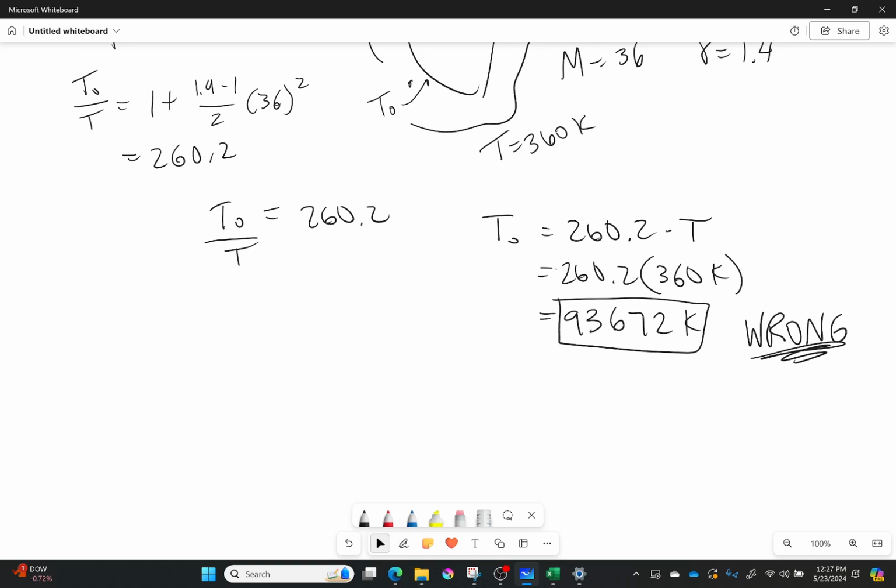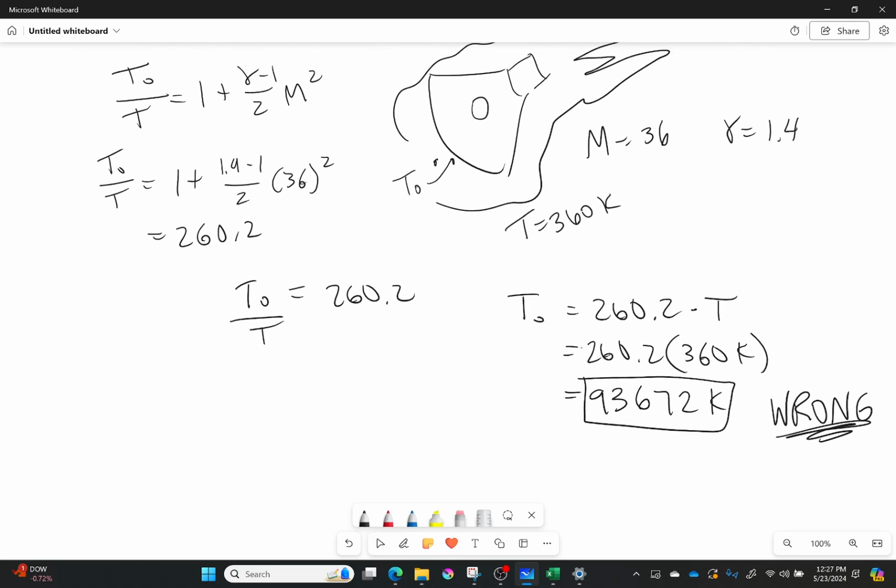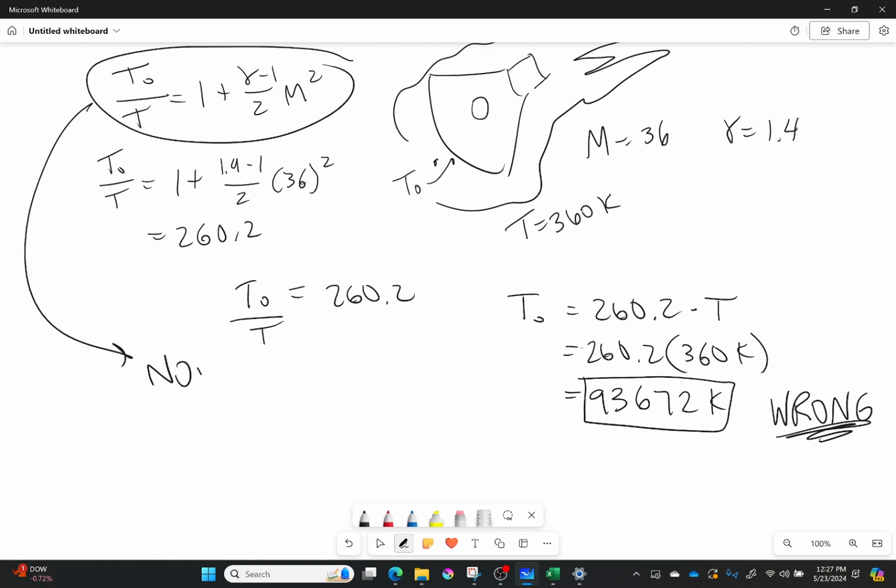The reason is this equation up here is not for a chemically reacting flow. If we have a whole bunch of chemistry going on there, and in this case, like ionization of the gas, we're no longer going through air, more or less. We're now going through some crazy ionized plasma thing, which acts very, very differently.